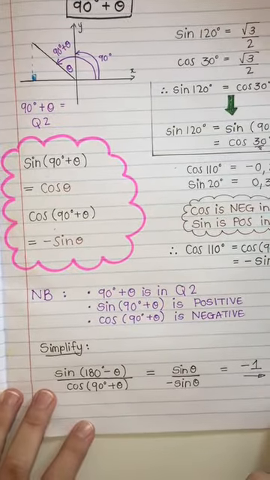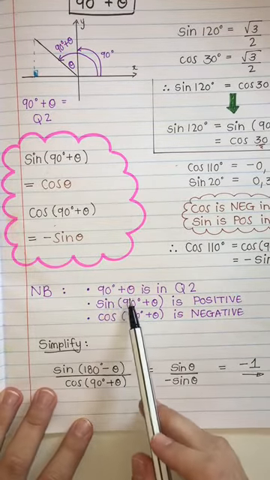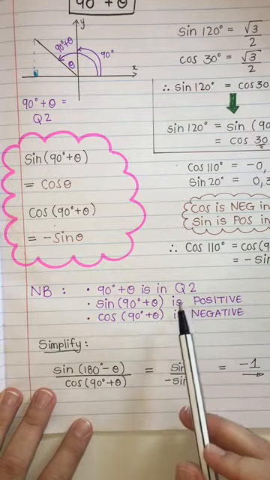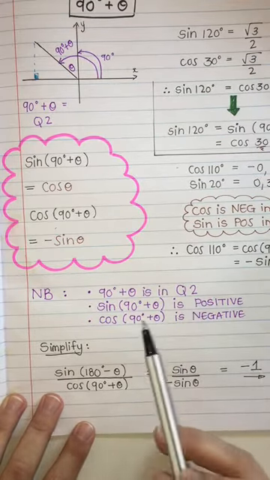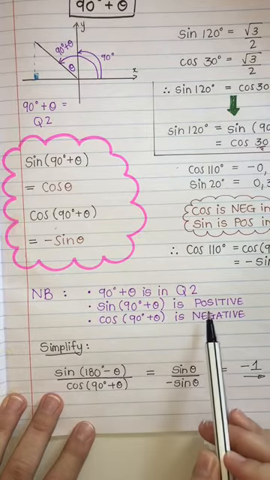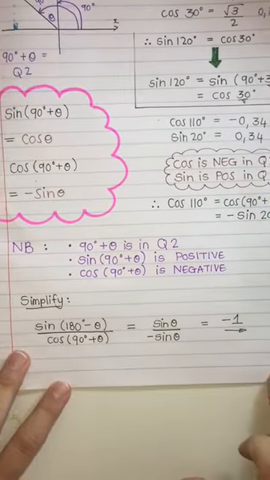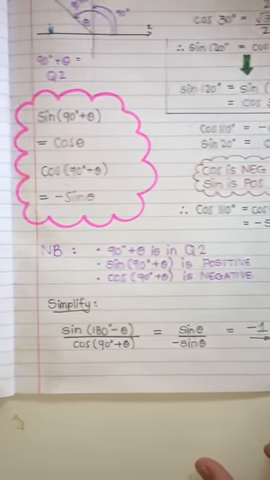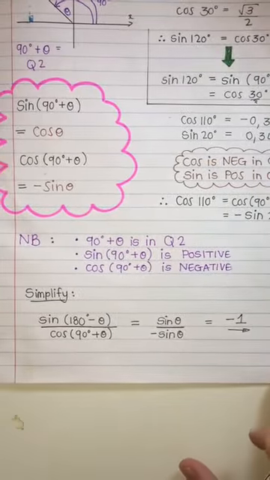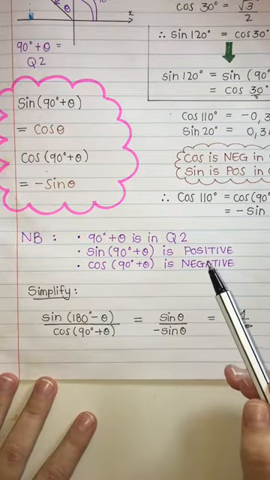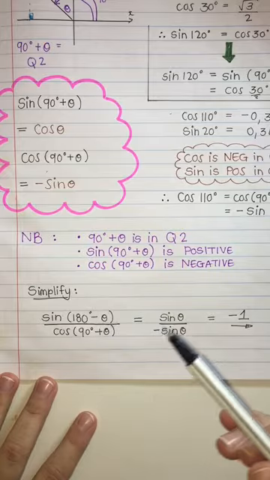So important, 90 degrees plus theta is quadrant 2, so keep in mind that in quadrant 2, sine is positive and cos is negative. Again, just as in the previous reduction formula, in the previous video, sine will change to cos and cos will change to sine.